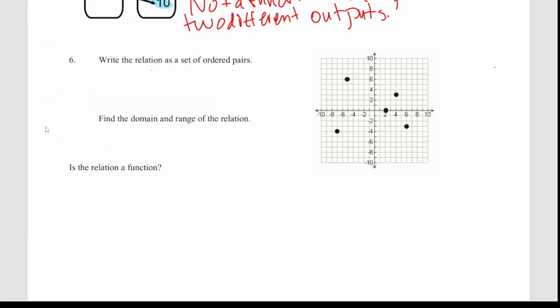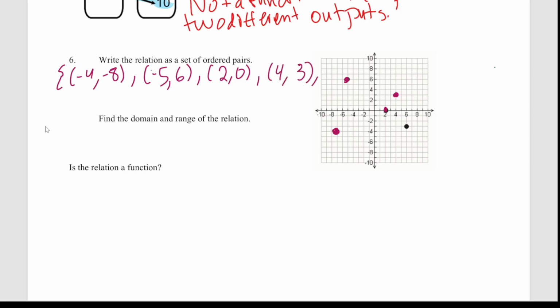This set in particular has, I'm just going to list them: the ordered pair -4, -8; the ordered pair -5, 6; the ordered pair 2, 0; the ordered pair 4, 3; and the ordered pair 6, -3.